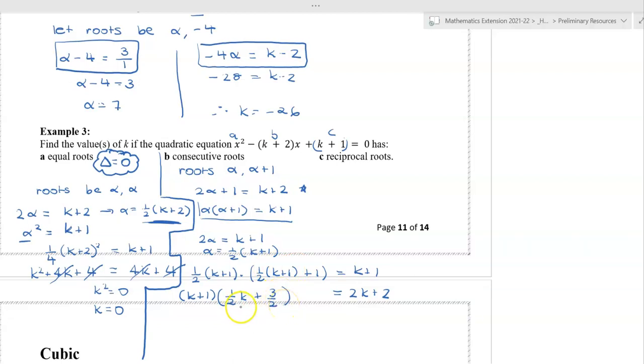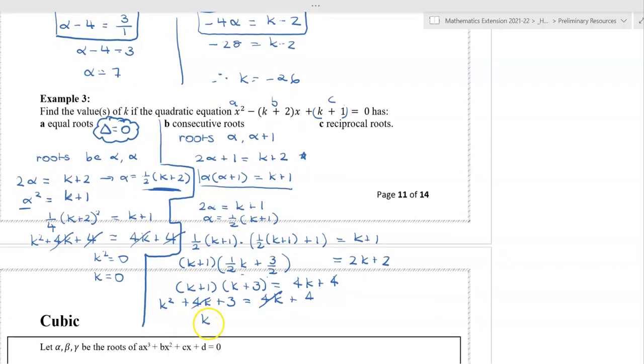And again, I'm inclined to double as well, so I'll go k plus 1, only double one of the brackets, double that and that, and now that's 4k plus 4. And of course you can do this however you want. You might do it a little bit differently to me. So that's 4k, and that's 3. It's really nice that the 4k's are cancelling for us. Saves us solving any quadratic.